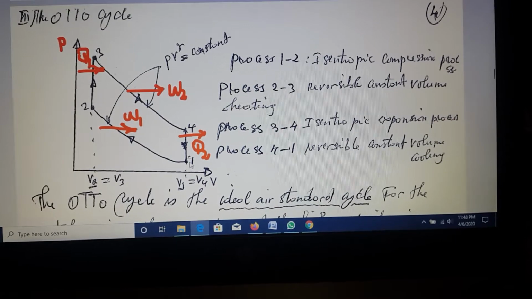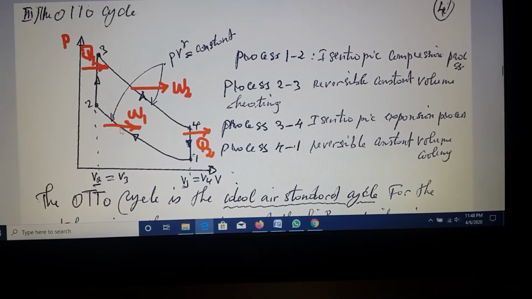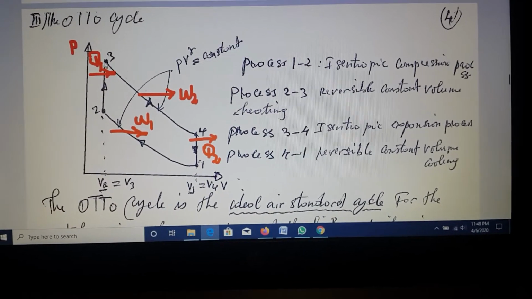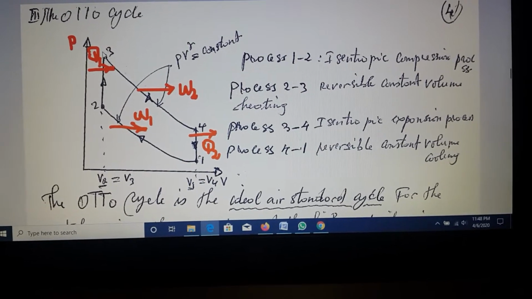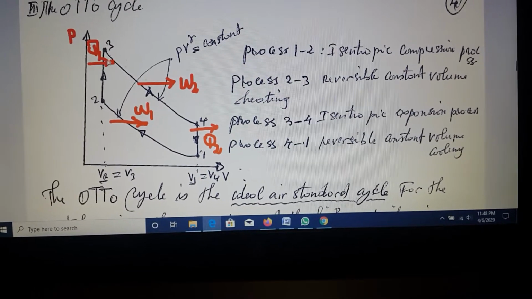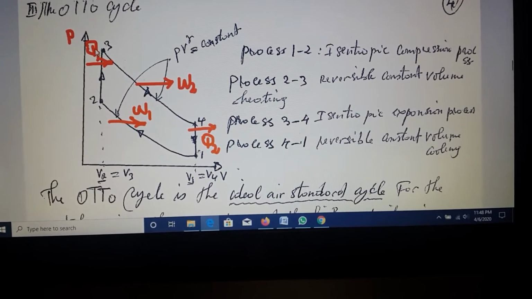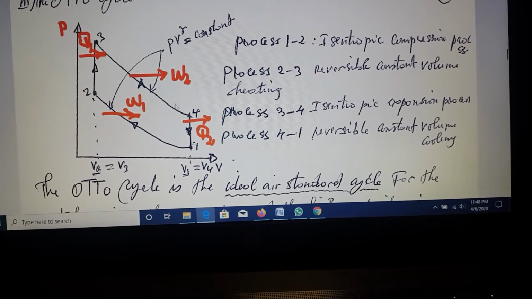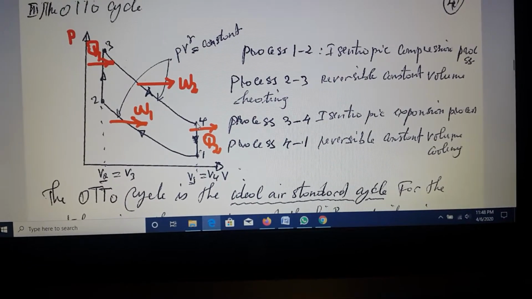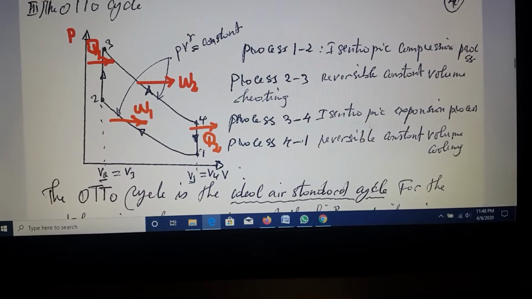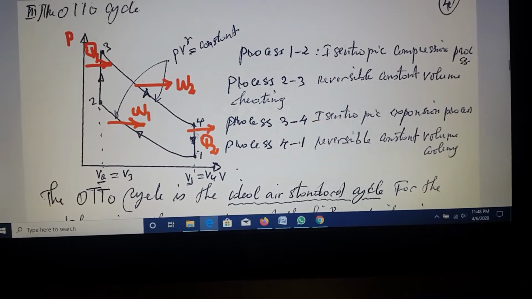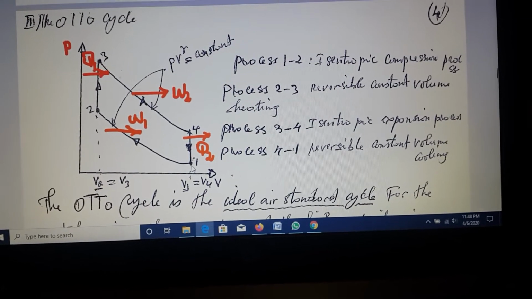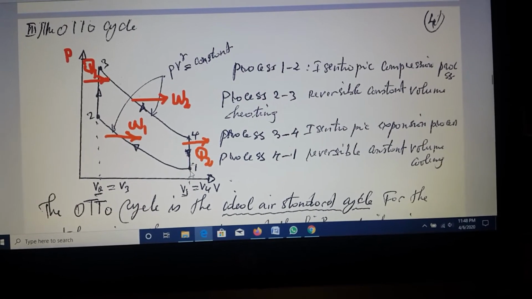Remember that here it was compressing until here, supplying the heat, and then when it reaches its higher temperature or higher pressure, now it's going down, an expansion process, until it reaches back the initial position, which is 1.